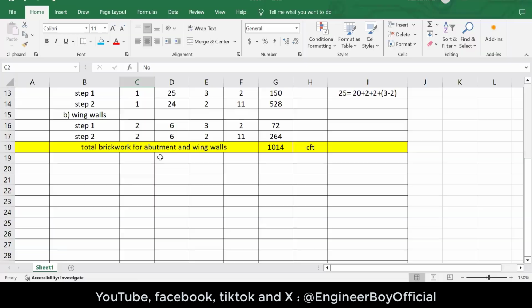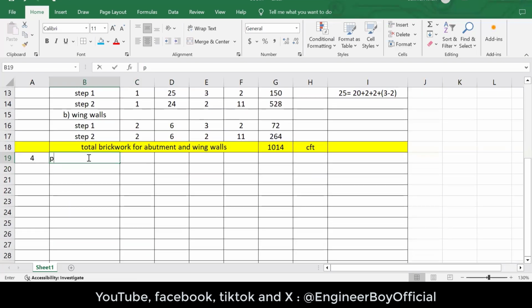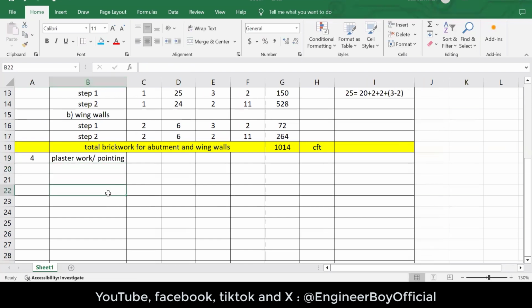So let's just say the plaster work, and this is number 4. I'm going to say plaster work, and slash maybe pointing. So one of these two can be taken. Let me just add some other information, like maybe both sides of walls, which is abutment and wing walls, you can say.